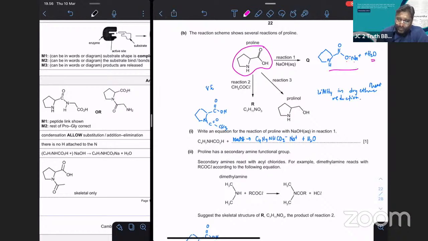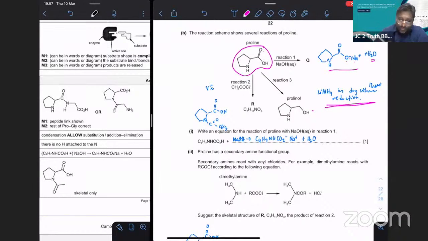In reaction 3, I have carboxylic acid suddenly changing into alcohol, only one way. You can see it's going to be a primary alcohol. This is going to be reduction: carboxylic acid reduced to become primary alcohol. You can use a reducing agent, so I have put that over there.